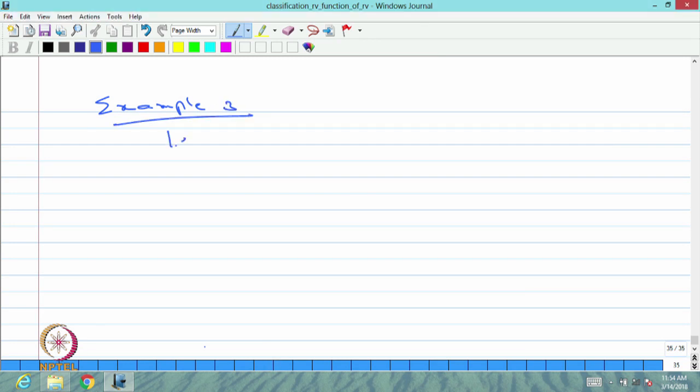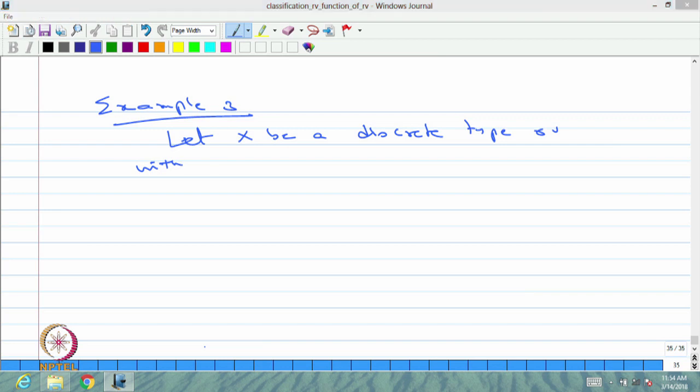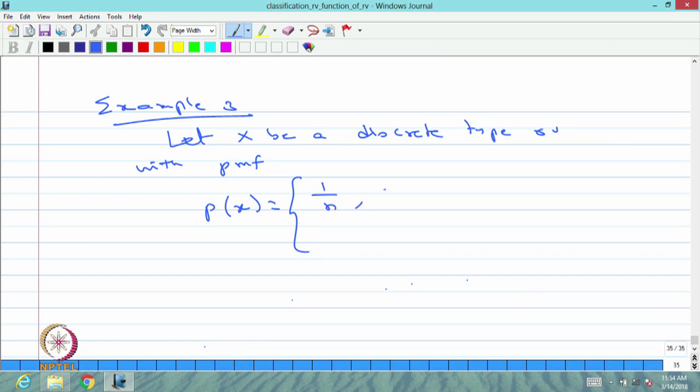Let x be a discrete type random variable with probability mass function given by p of x equal to 1 divided by n when x takes the values x1, x2, up to xn, and 0 otherwise.